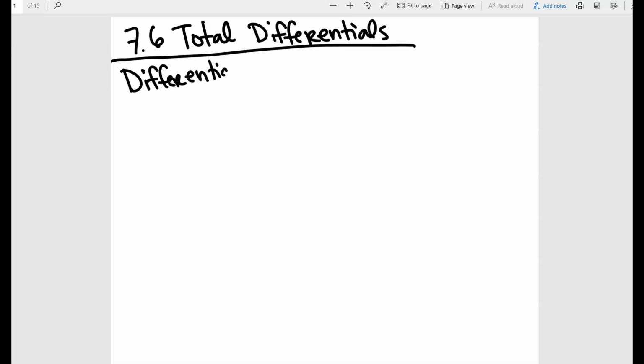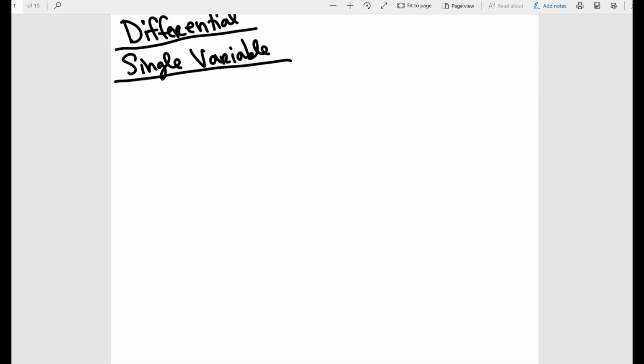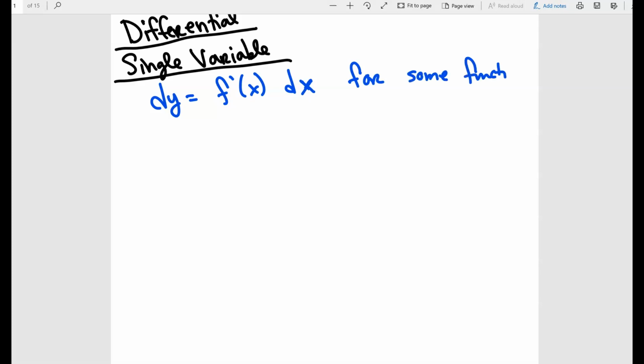And you may have seen this in single variable calculus. So let me just write here, single variable. We defined a differential the following way. The differential was basically dy equals f prime of x dx, for some function f of x.